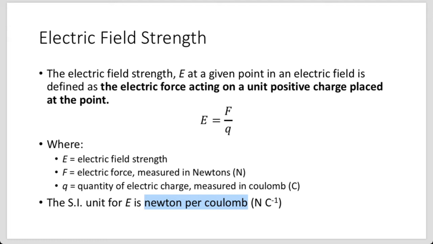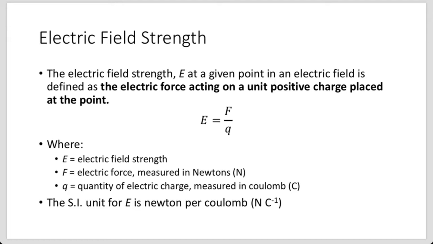So if the electric field is 5 newtons per Coulomb, it means if the charge is 1 Coulomb, it will be 5 newtons of force. If it's 2 coulombs, it will be 10 newtons in total. So this is electric field strength. Write that formula down, although it is in your textbook.